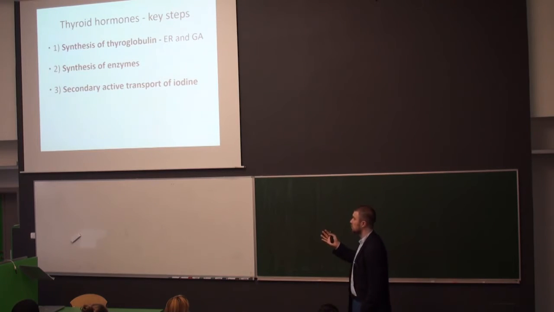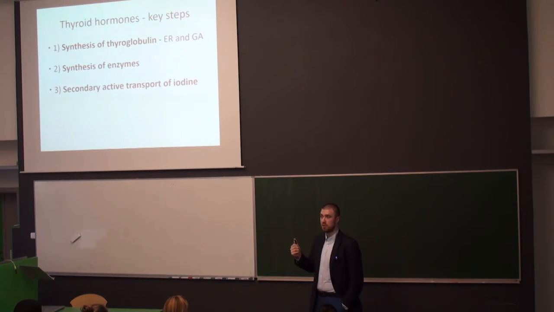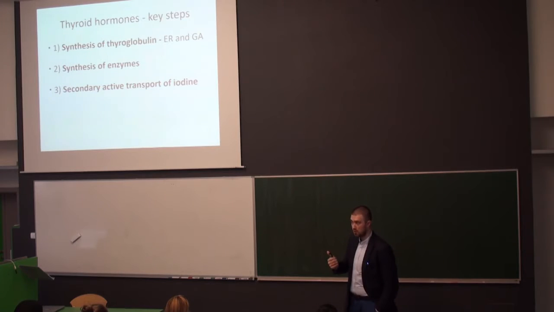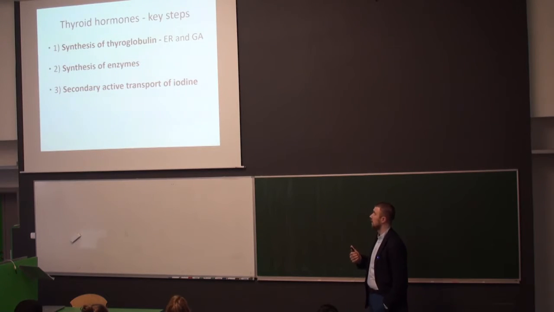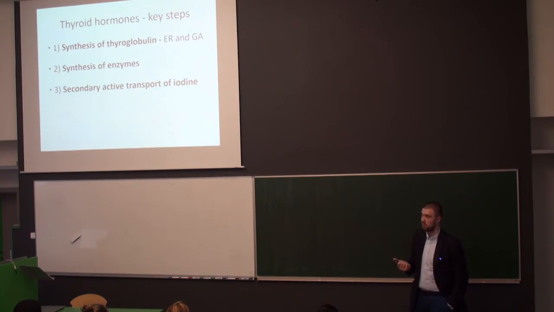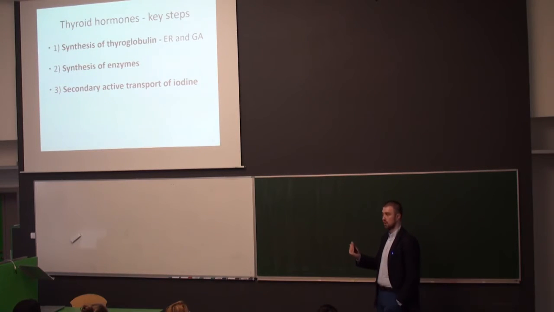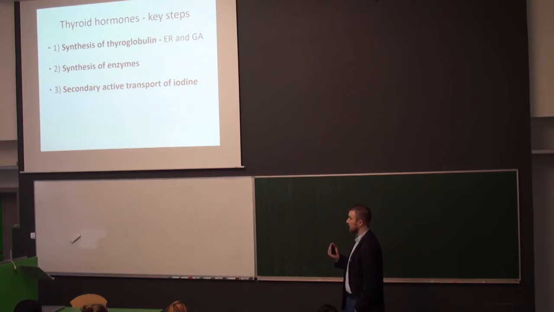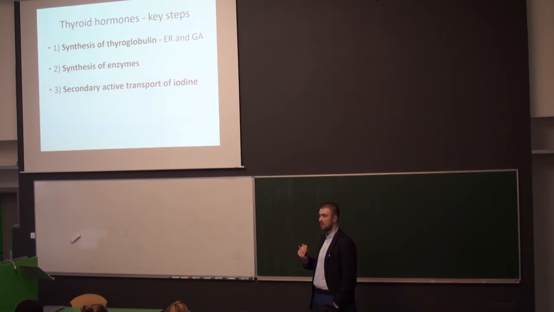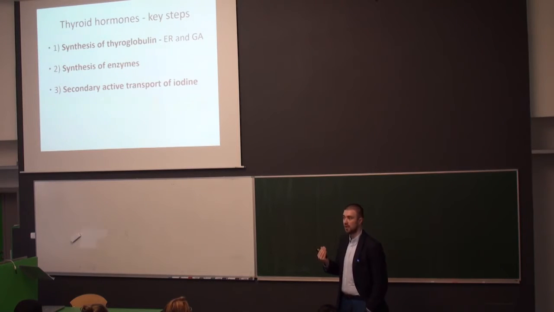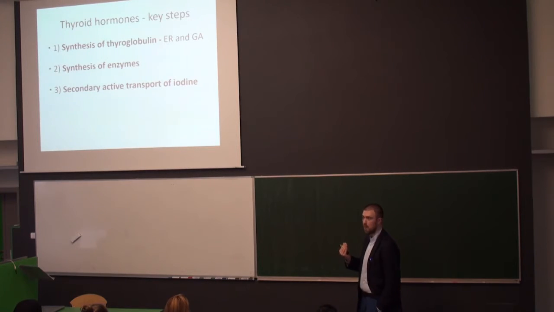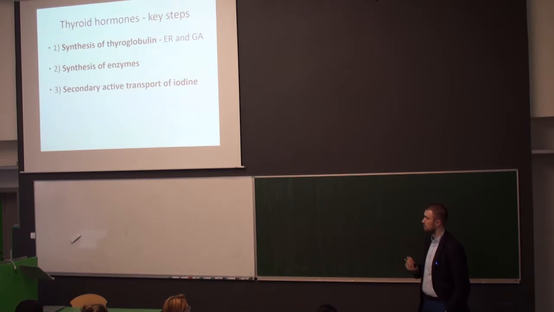First, you must produce the big precursor protein, thyroglobulin. It's a protein, therefore you must produce it in the endoplasmic reticulum and Golgi apparatus, and subsequently secrete it into the colloid. Second thing is that you must synthesize the enzymes, and also you must put them into the extracellular reservoir, where you can do the reaction.